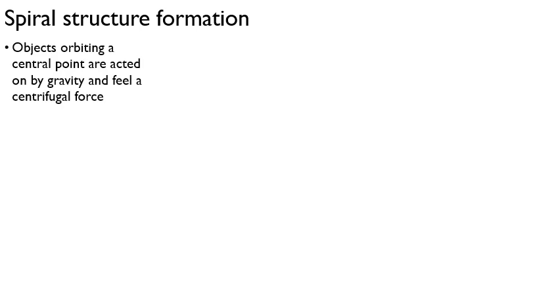So what about the spiral structure formation? How does that come about? Because we've explained the existence of a disk, but the Milky Way has these spiral arms. If you have an object orbiting a central point, there's going to be the force of gravity pulling inwards, and an effective force, the centrifugal force, that feels like it's pulling outwards.